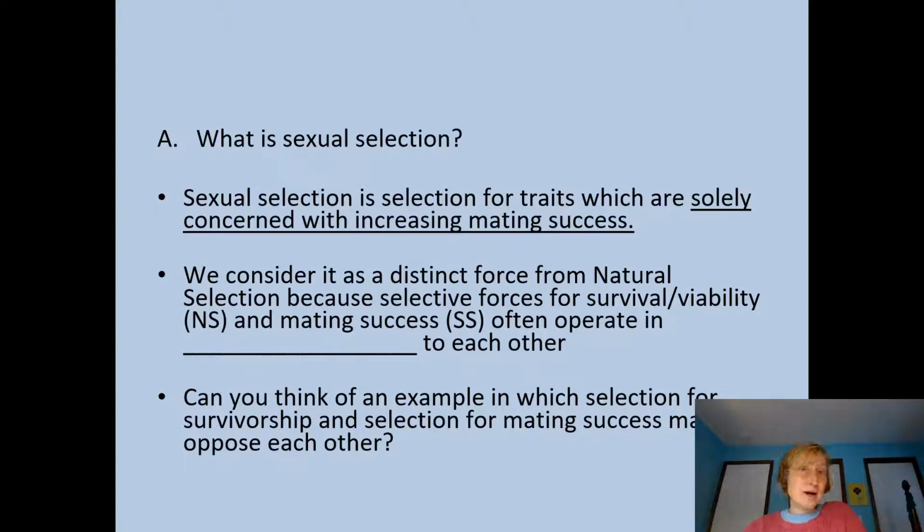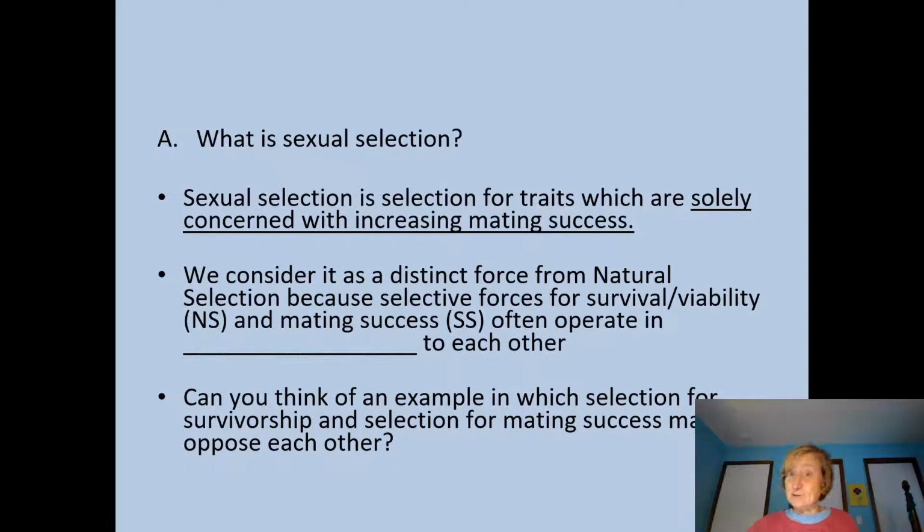Chances are being brighter red and doing more vigorous courtship dances puts you at higher risk for predation. So natural selection may act to dull courtship vigor or red body coloration, while sexual selection is acting to select for these traits. So natural and sexual selection are in opposition to each other.